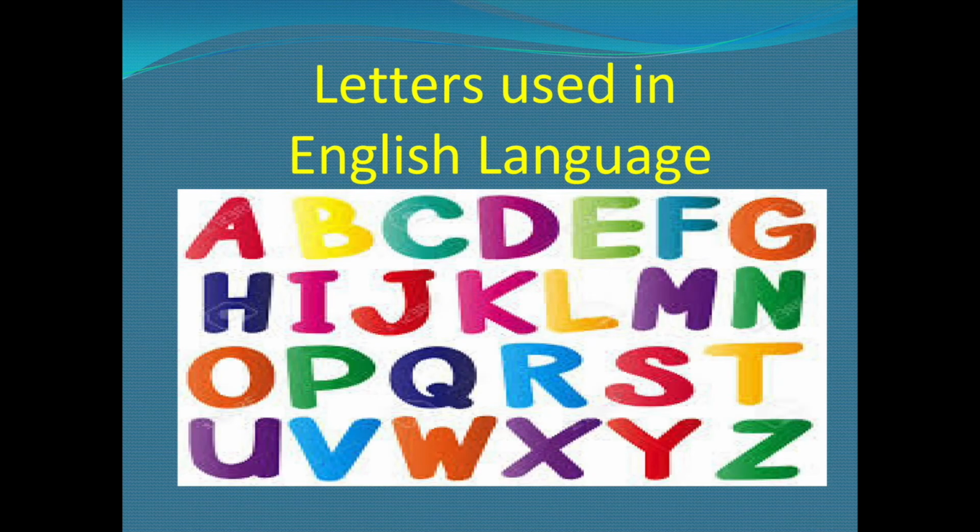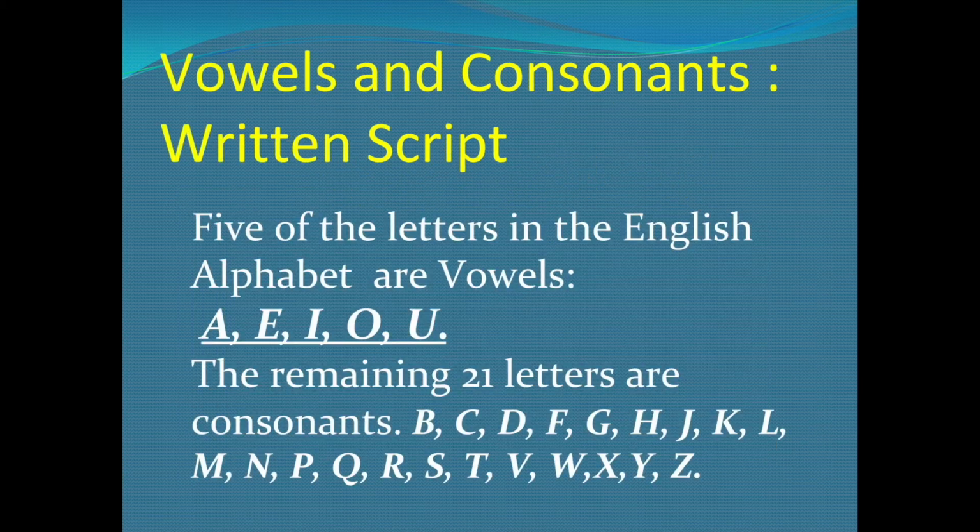So these are the A, B, C, D, E alphabets we use. How many alphabets are there? We have 26, right? And out of these, 5 of the letters in the English alphabets are vowels. What are those? A, E, I, O, U. And the remaining 21 letters are consonants.